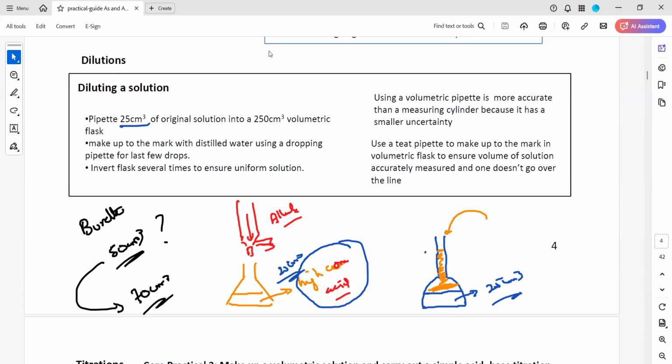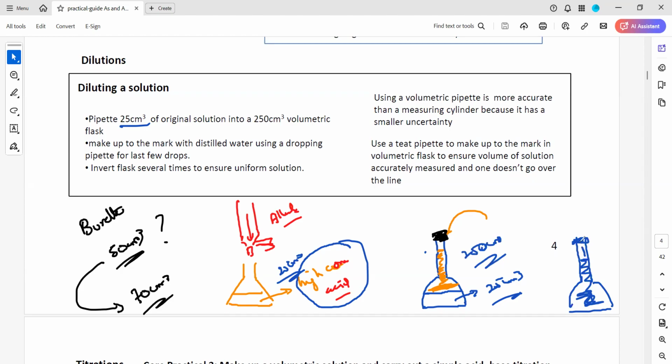Then we place a stopper and we invert the flask several times so that it will have uniform mixing. Once it is mixed thoroughly, the solution is now dilute and of uniform concentration, and the volume is now 250 cm cube because a volumetric flask is 250 cm cube.